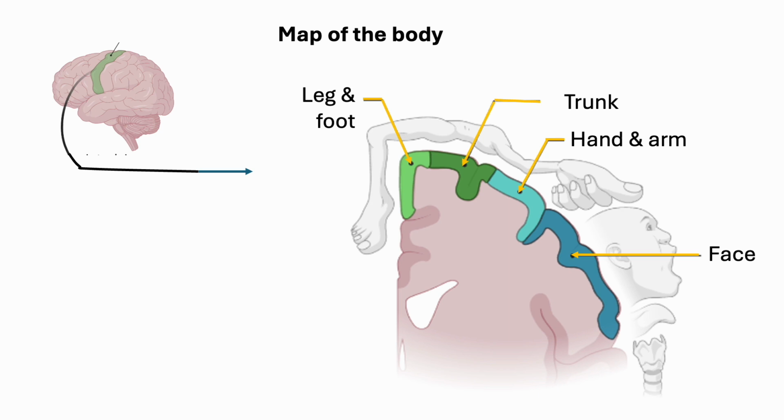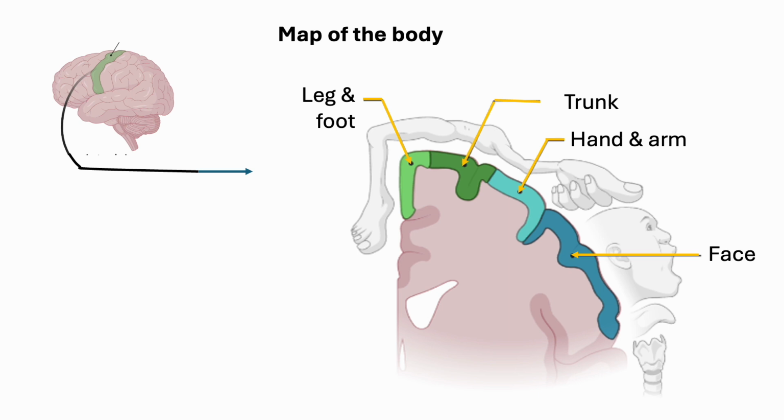Similarly for the torso, legs, arms and feet, etc. One thing you'll notice is the body is not represented in the same proportion as in the physical body. So the face is as large as the arm and shoulder combined. The reason for this is that the face is more sensitive to touch than the arms and shoulder.